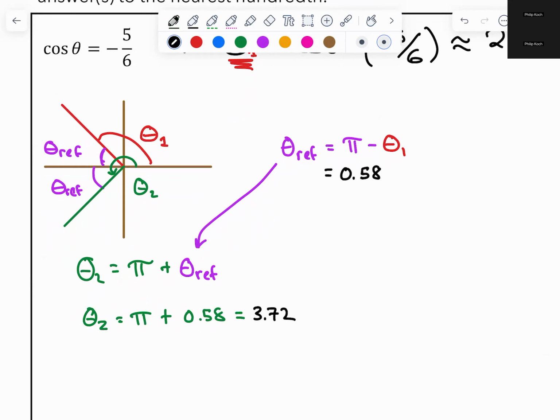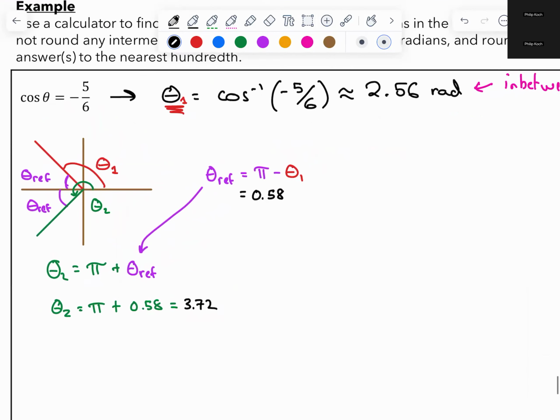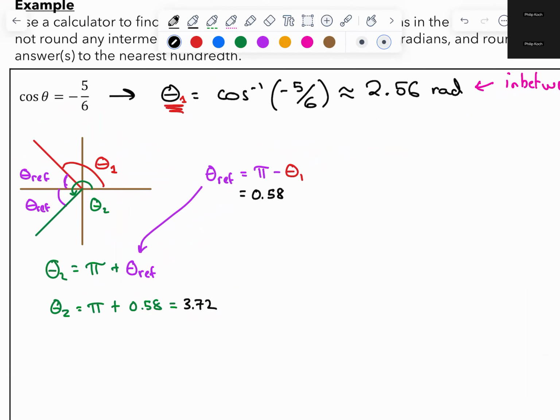So before we go any further than this, let's make sure we're all on the same page. So once again, cosine inverse, when we do that, we get one solution because cosine, like all the trig inverses, can only produce one answer. But trigonometry is very, very nice and symmetric, so there's multiple answers. In particular, we know there's going to be a second solution in the third quadrant because that's another place where cosine is negative. And as long as we make the same reference angle, the cosine will produce the same number. So we need to first off find theta sub 2.